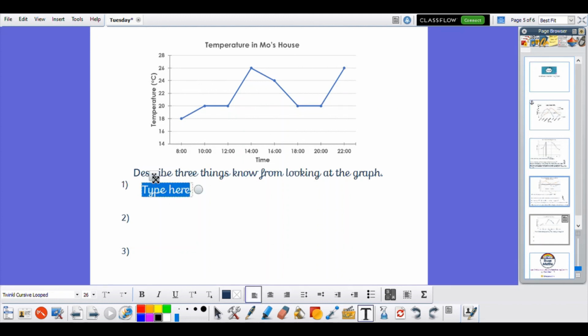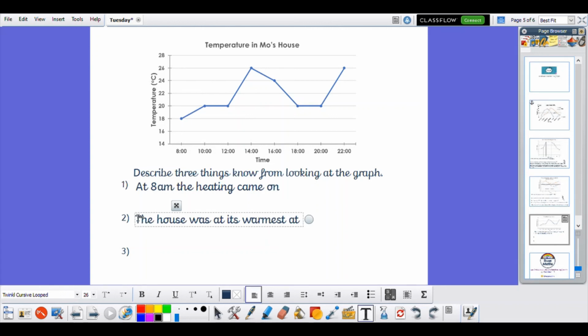So from Mo's graph, I could say that at 8 AM, the heating came on, okay, because the house has started to get hotter. And then I could say the house was at its hottest or warmest at 2 PM.